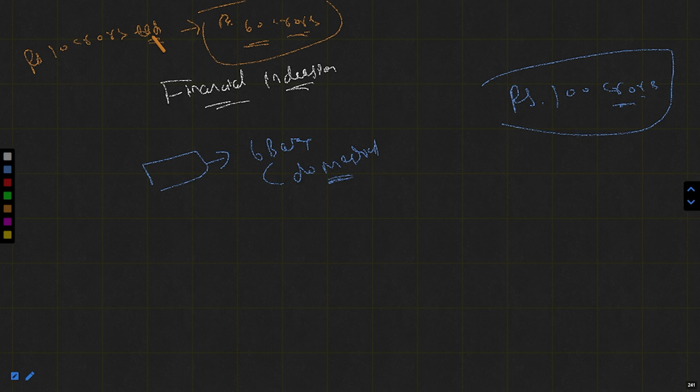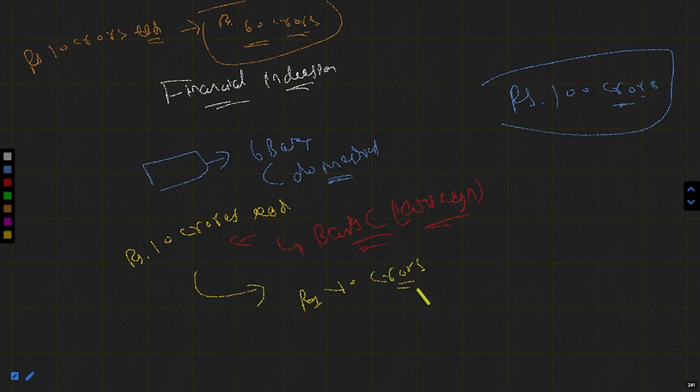In such a scenario, suppose four new foreign banks entered the Indian market, and they also started contributing rupees 10 crores each. Then it will become 40 crores.